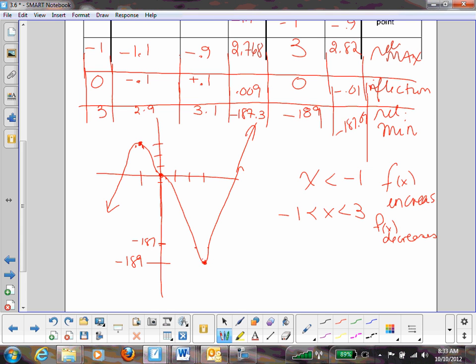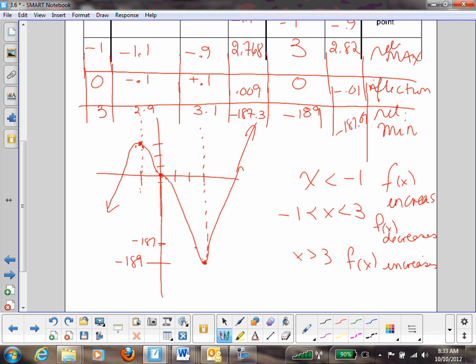Okay. What do I do now? We're not very sure on this. Maybe what you should do is put little dotted lines down when you're trying to figure out your increasing and decreasing.